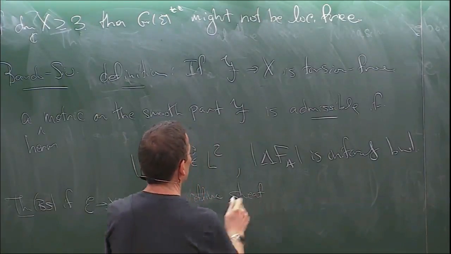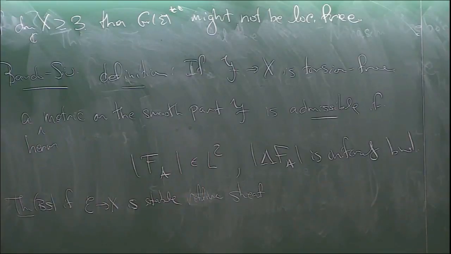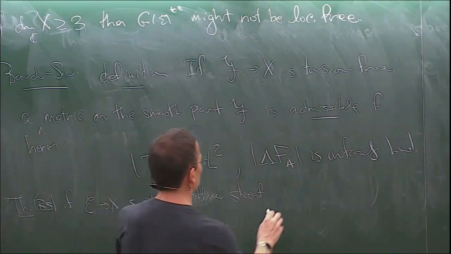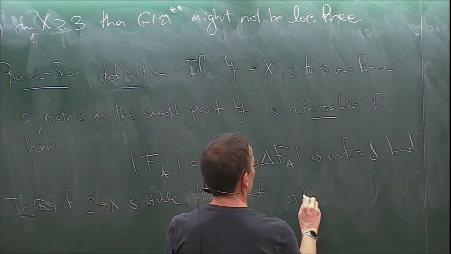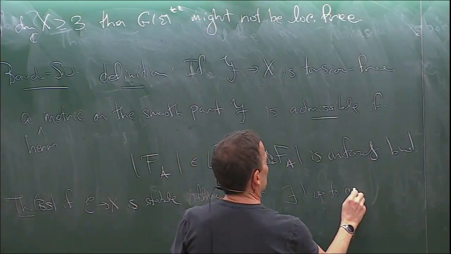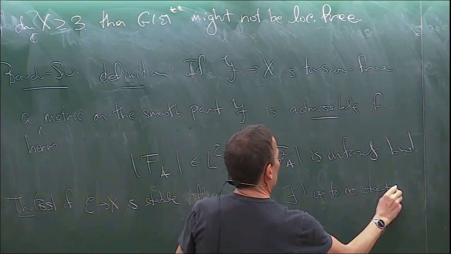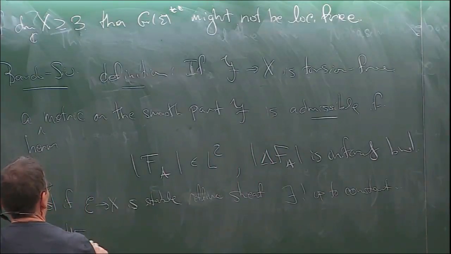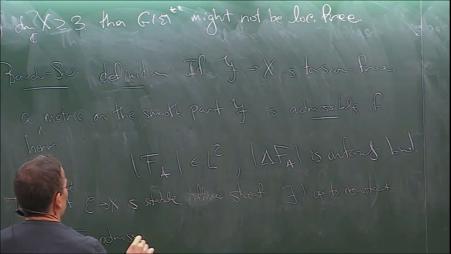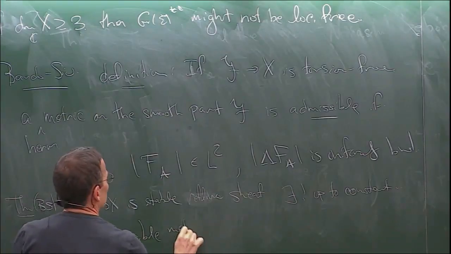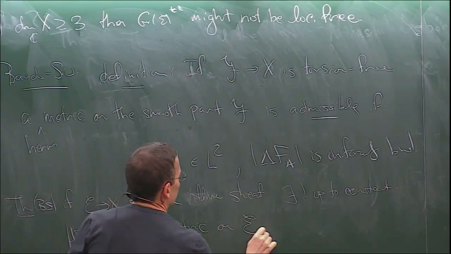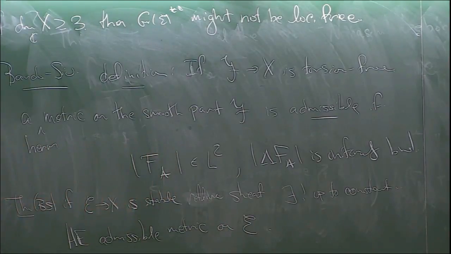Stability makes sense for reflexive sheaves, and the definition that I gave makes perfect sense for torsion-free sheaves, actually. So if E is a stable reflexive sheaf, there exists a unique, up to constant, Hermitian-Einstein admissible metric. Its Chern connection is the Bando-Siu connection that I'm talking about in this theorem.